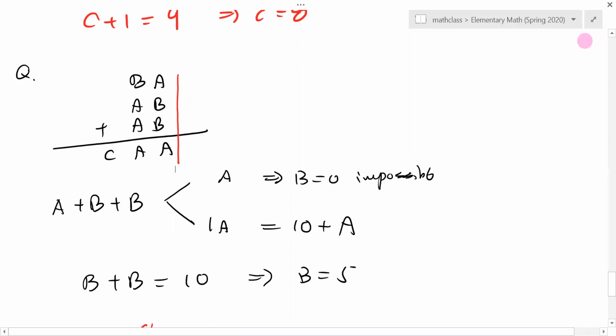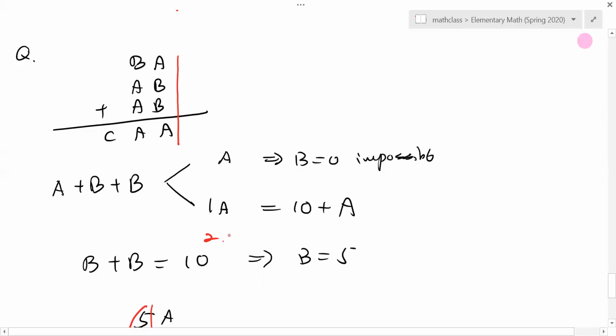Otherwise you can keep going: to get last digit A, you can get A, 10 plus A, 20 plus A, 30 plus A, but the rest of them are impossible. So only the possible case is this.